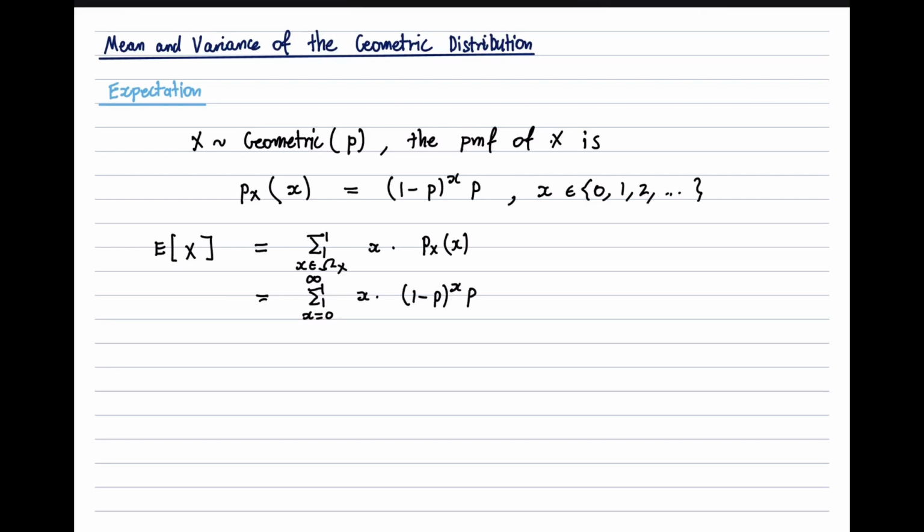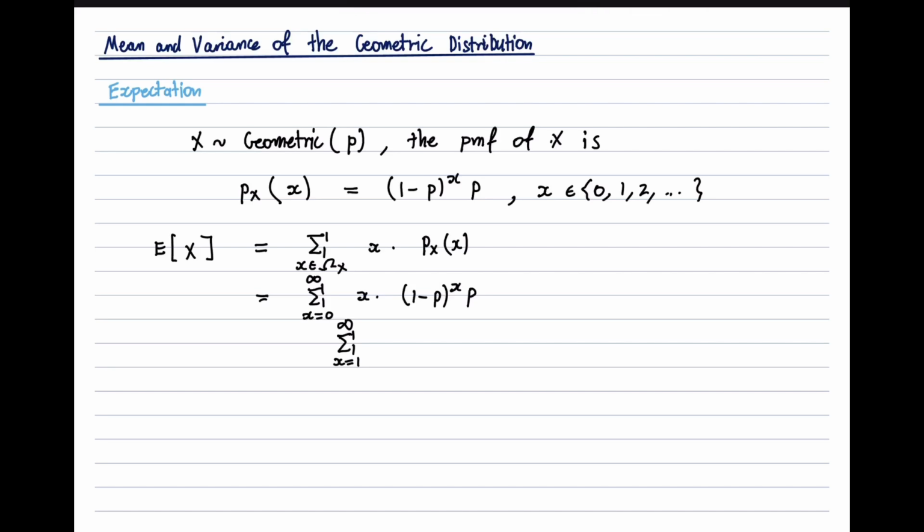Now, in our next form of simplification, the first thing is I'm going to recognize that when x is equal to 0, this particular expression collapses to 0 because you've got 0 times whatever expression you have here. So in fact, we can really start the terminal at x equals 1 to infinity instead.